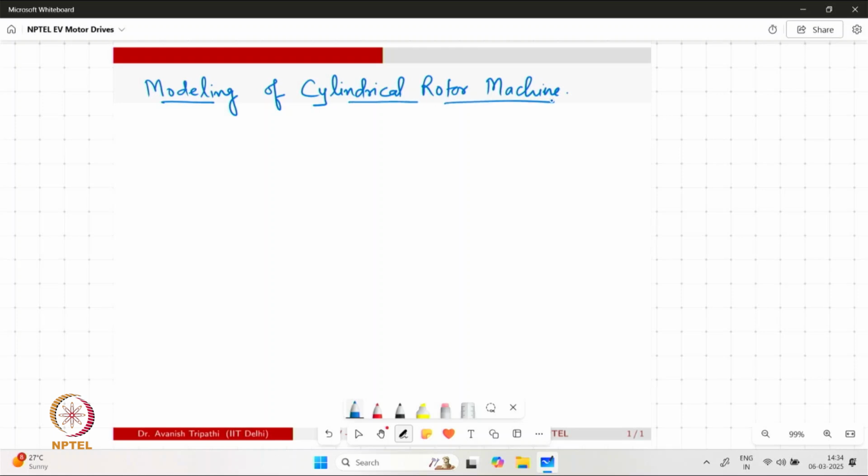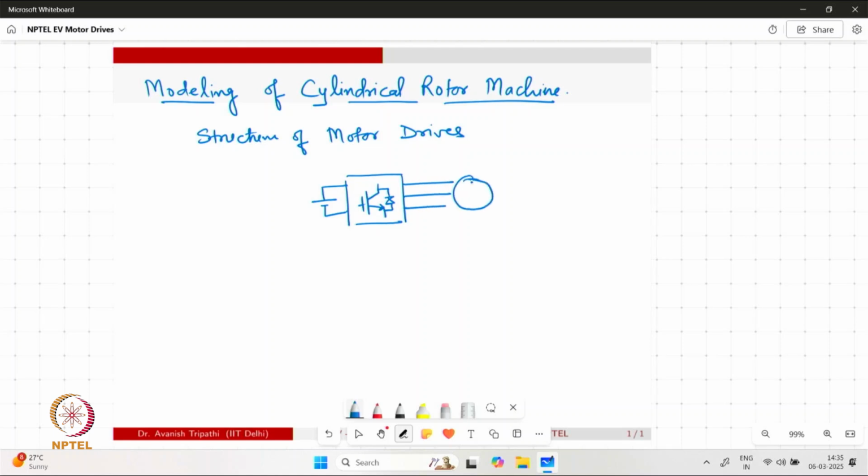During one of the lectures, we have seen that motor drives essentially consist of a power converter, which I am representing by this symbol, which is providing power to the machine.